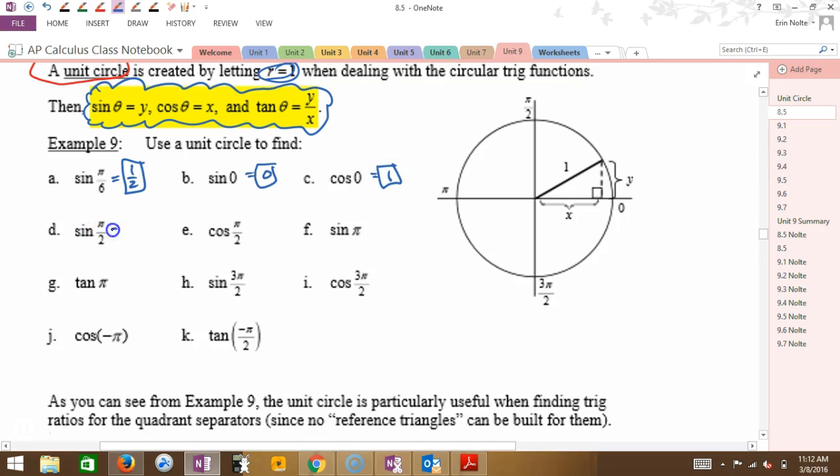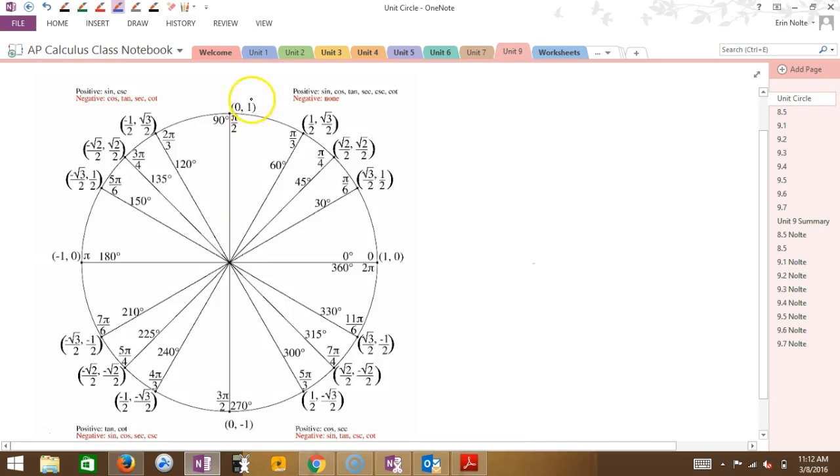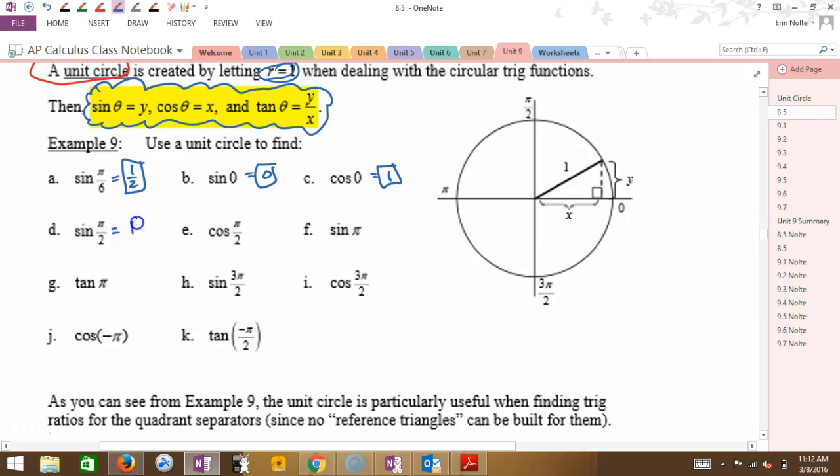Now we're moving on to π/2. At π/2, that's going to be straight up. The sine is the y value, so that's 1. The cosine was 0.